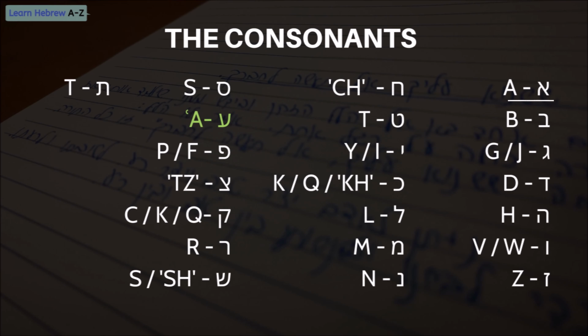Aleph matches A, Bet matches B, Gimel, Dalet, He, Vav, Zain, Chet, Tet, Yod, Kaf, Lamed, Mem, Nun, Samech, Ain, Pe, Tzadi, Kuf, Resh, Shin, and Tav.